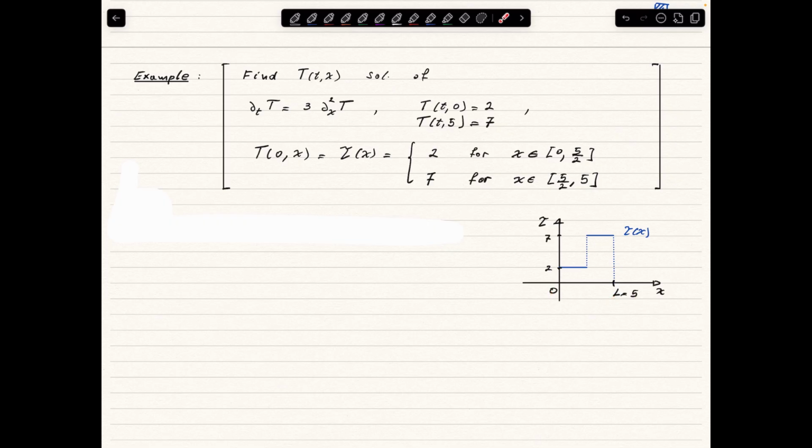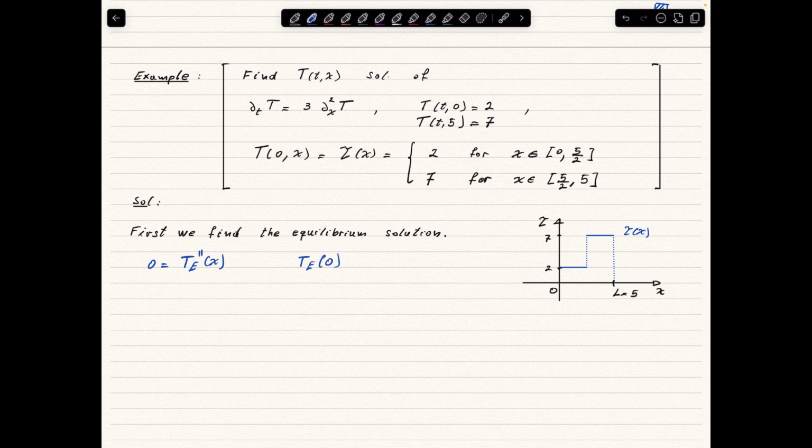Okay, so the first thing we need to do is find the equilibrium solution. The equilibrium solution is the solution of the equation 0 equals the second derivative of the temperature with respect to x. We need boundary conditions: temperature of equilibrium at 0 to be 2, and temperature of equilibrium at 5 to be 7.